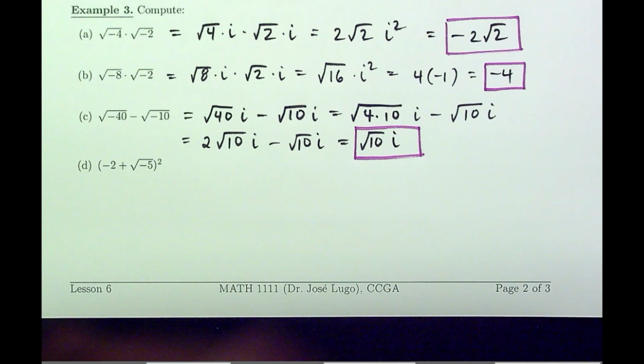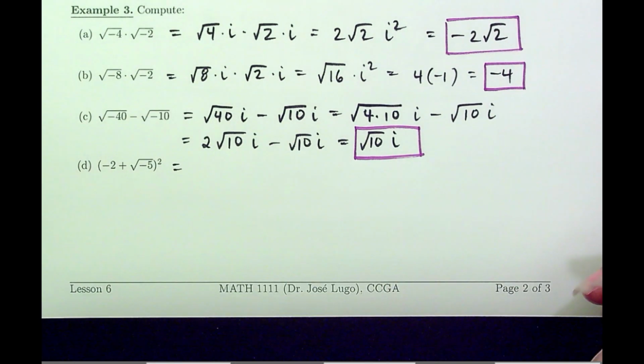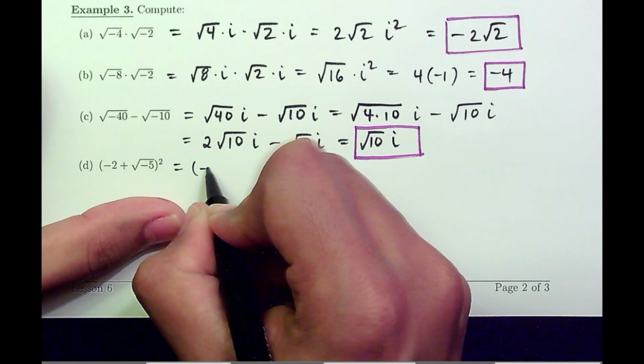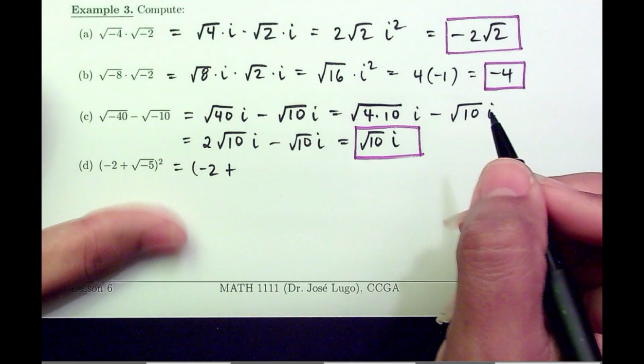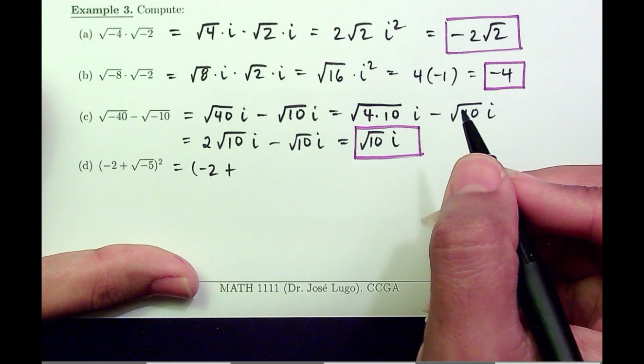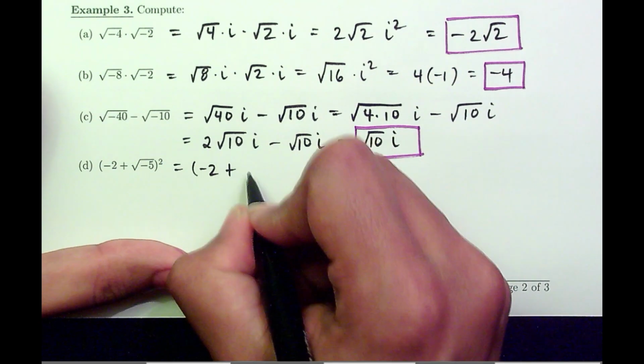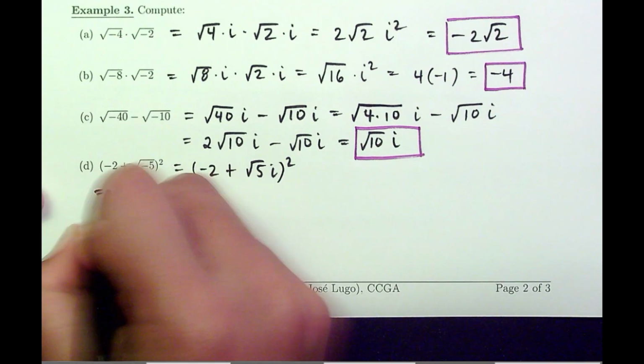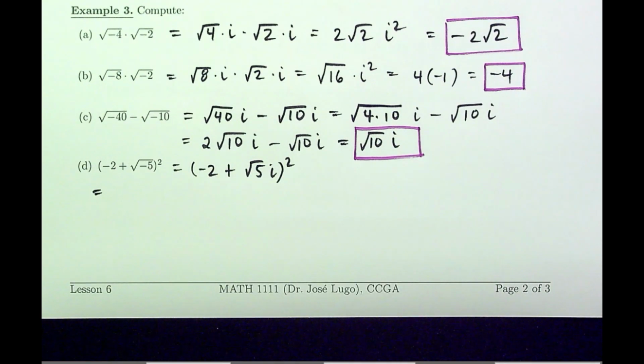Okay. So what is this? This is negative 2 plus, what is square root of negative 5? Square root of negative 5 means square root of 5 times i. All right, and then now we can square this.